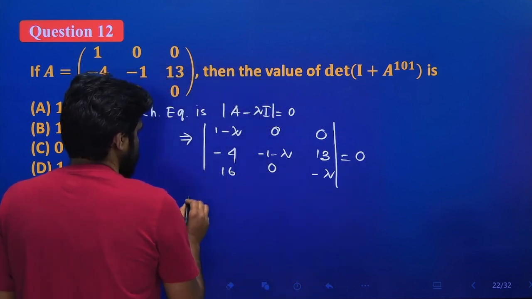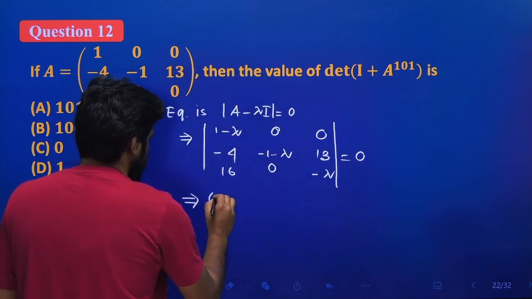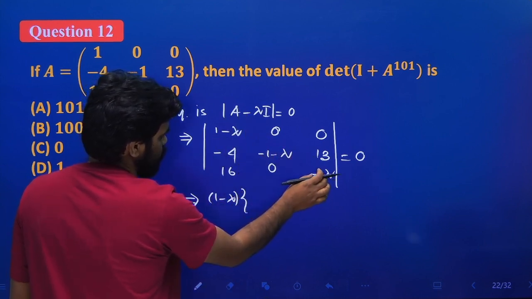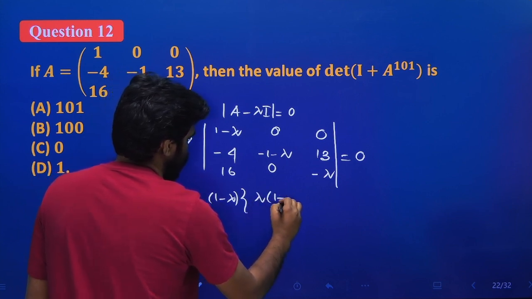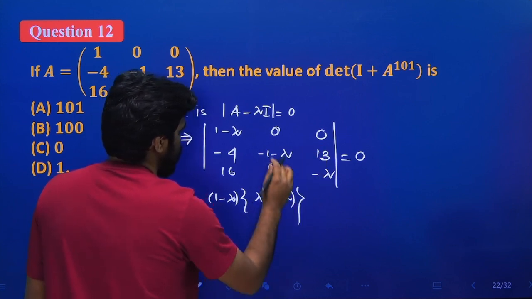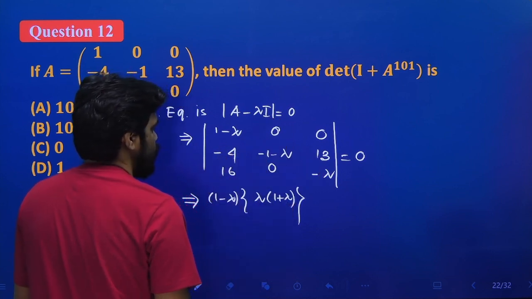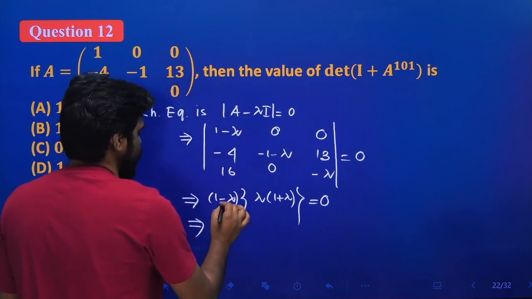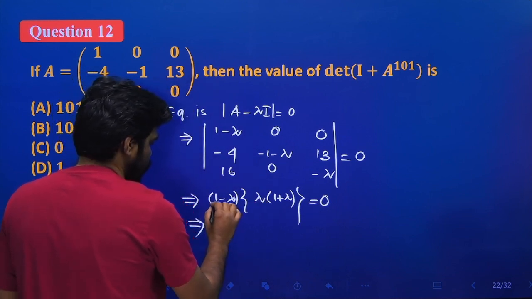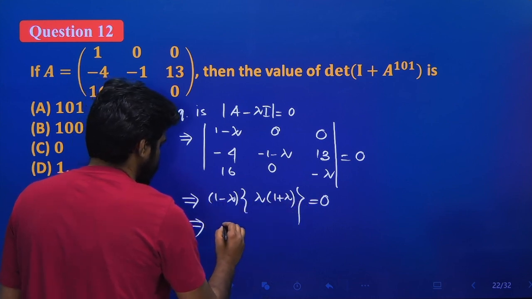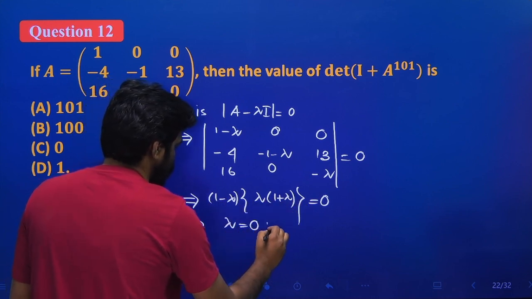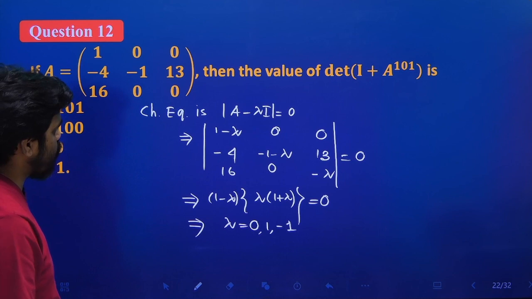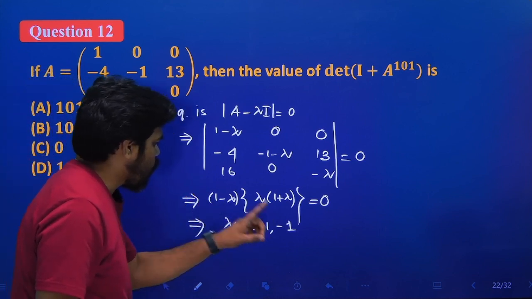So this implies 1 minus lambda into the common factor 1 plus lambda, that means ultimately lambda into 1 plus lambda, minus 0, 0 into this means 0, so ultimately 0. So from this, what do we get? Lambda is equal to 0, lambda is equal to 1, lambda is equal to minus 1. So the eigenvalues of A are 0, 1, minus 1.